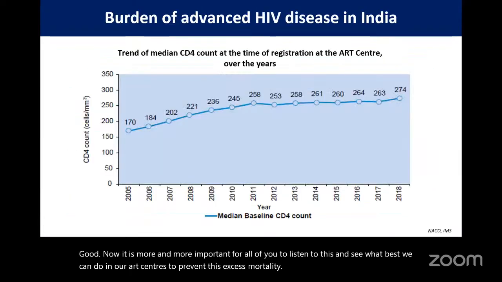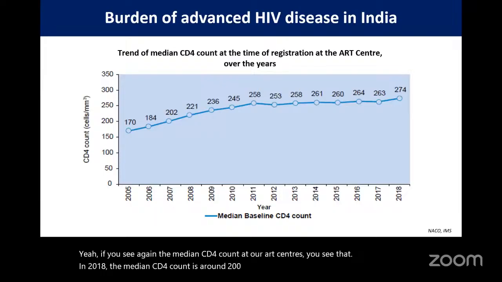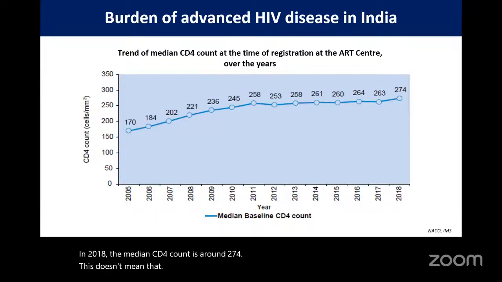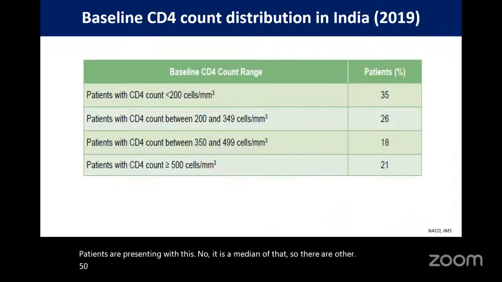If you see again the median CD4 count at our ART centers, in 2018, the median CD4 count is around 274. This doesn't mean that patients are presenting with this. No, it is a median, so there is 50% on this side and 50% on the other side of presentation.